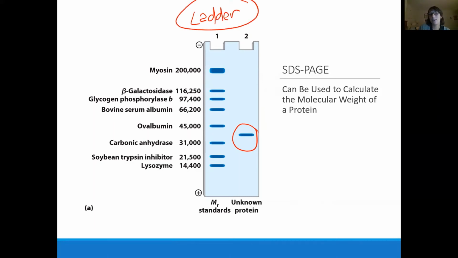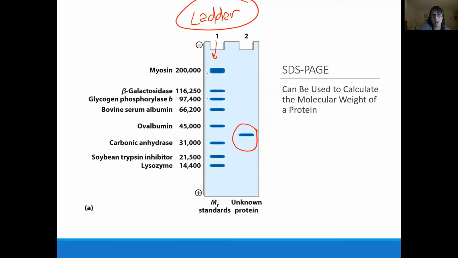A ladder is just a certain sample mixture with known peptides and proteins in that mixture. Each band has a known molecular weight. So we already know the size of band 1, 2, 3, etc., and its precise molecular weight. These are standards. They are things that we already know.